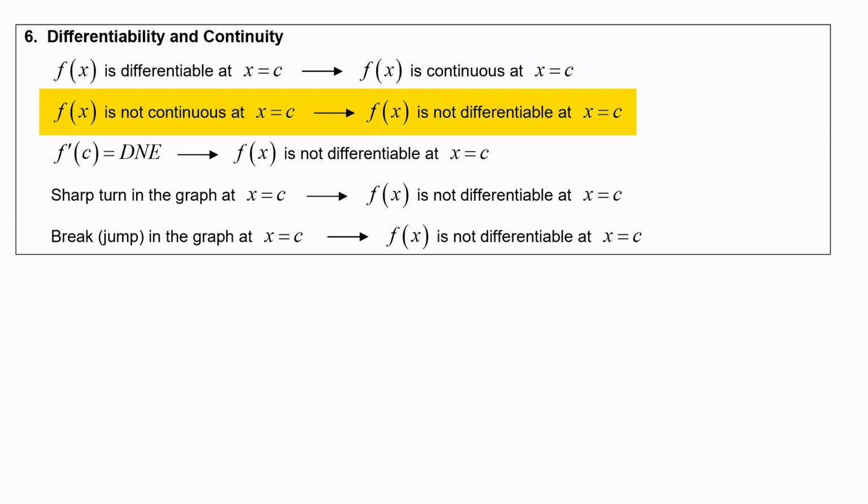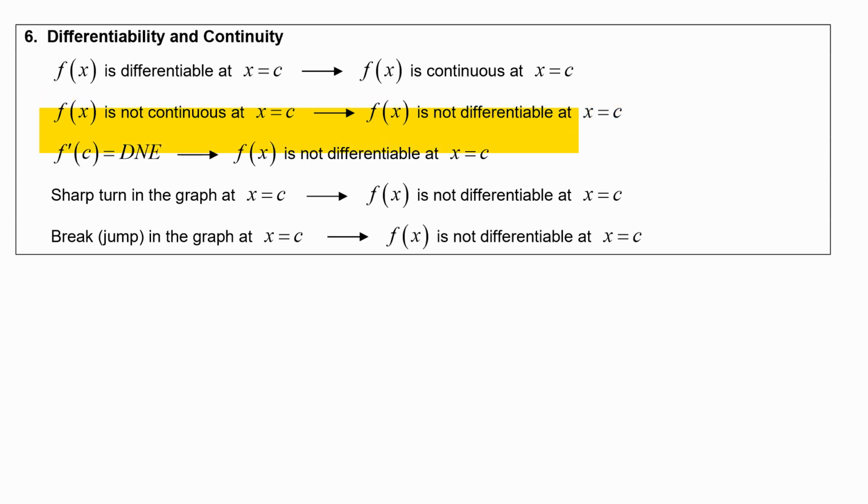Similarly, if f is not continuous at x equals c, that implies that f is not differentiable at x equals c. So if a function is not continuous at a particular x value, we can automatically conclude that it will not be differentiable there. If f prime of c does not exist, then that tells us that f is not differentiable at x equals c.